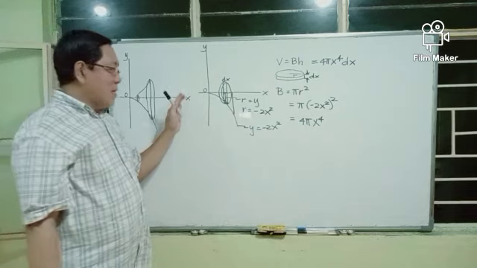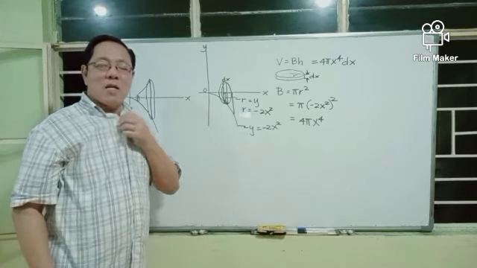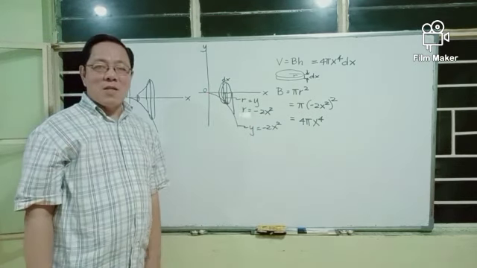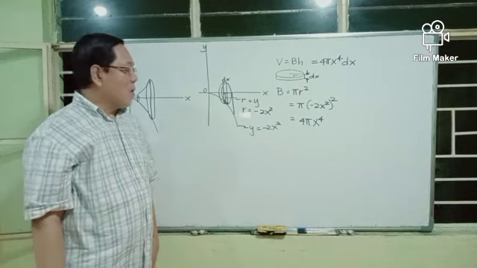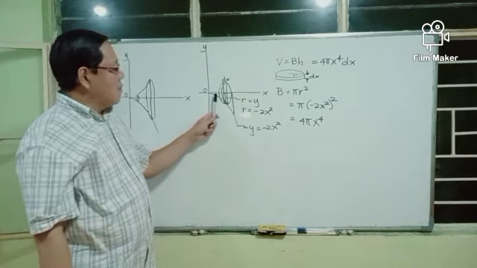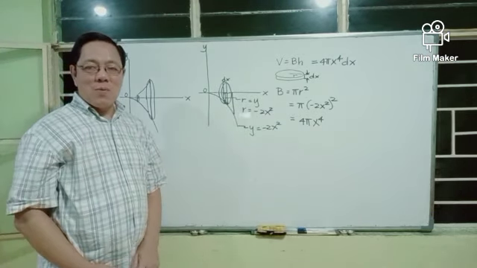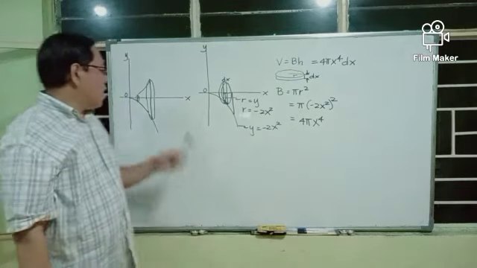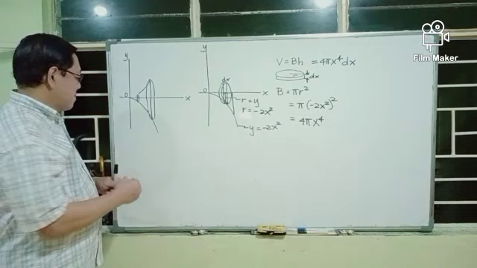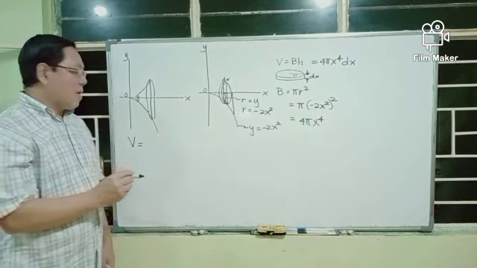And if we sum up all the volumes of all the disks that we will generate for all the rectangular elements that we take from the area from x equals 2 to x equals 5, what we will get is the total volume of this solid. Hence, the total volume of this solid is the integral.